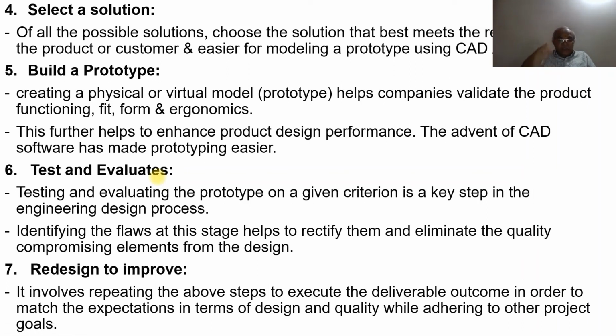This is an iterative process, so that you get the best quality while adhering to other project goals. Whatever the project goals are, they should be borne in mind when designing the prototype or product.